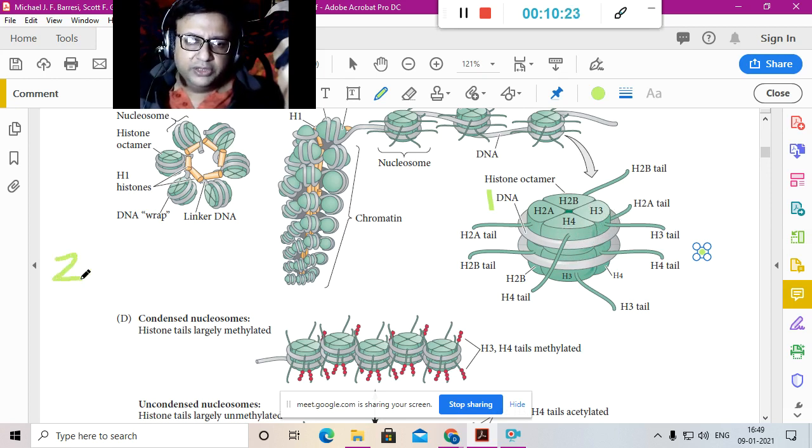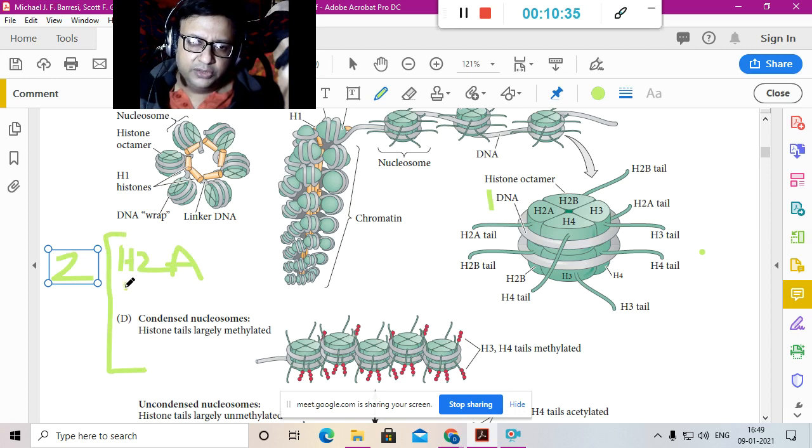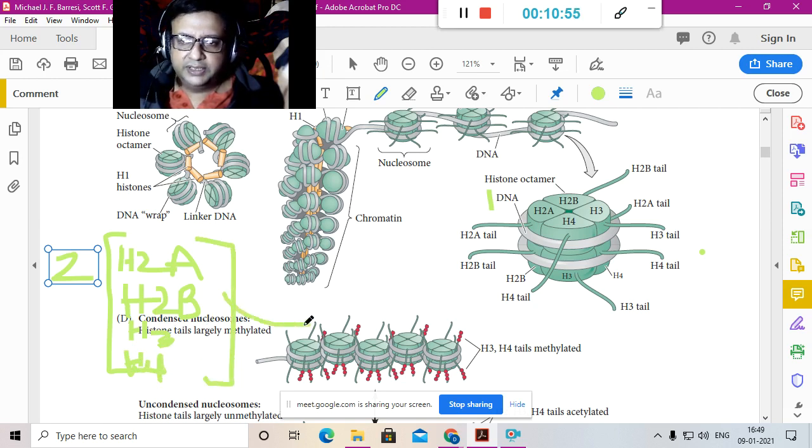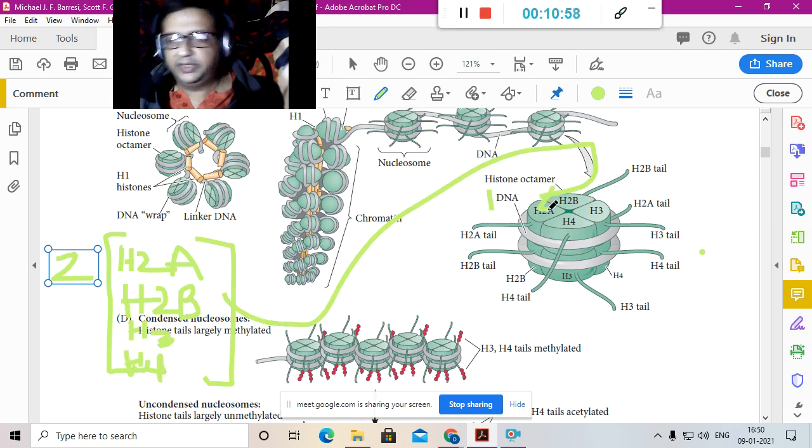So 2 times H2A, 2 times H2B, H3 and H4. So this makes this deep green octamer over here.